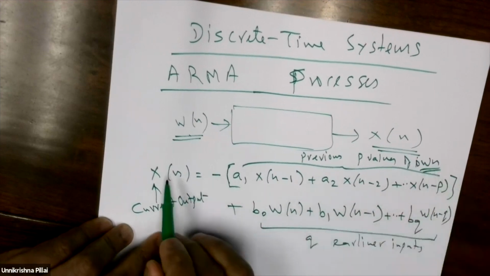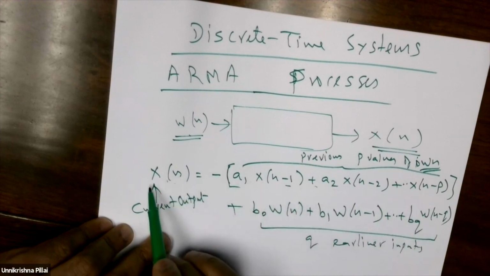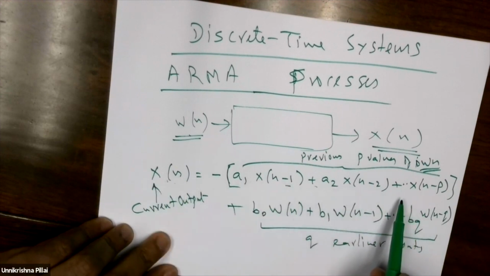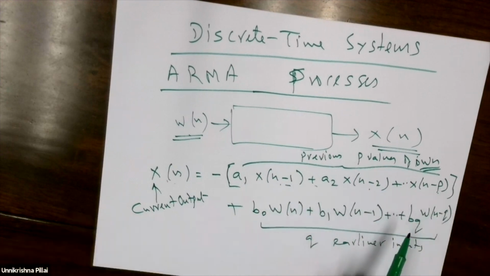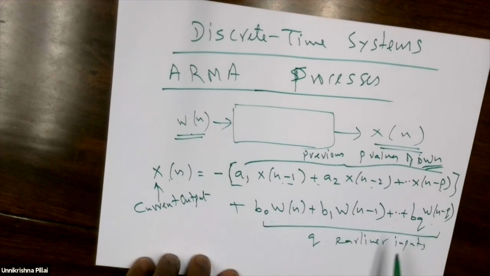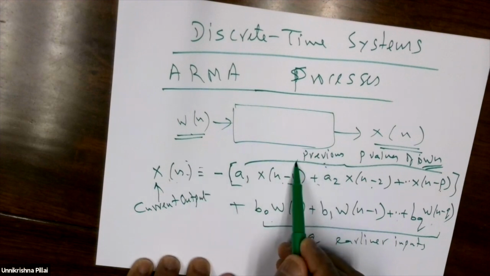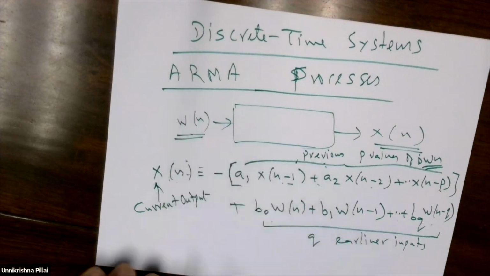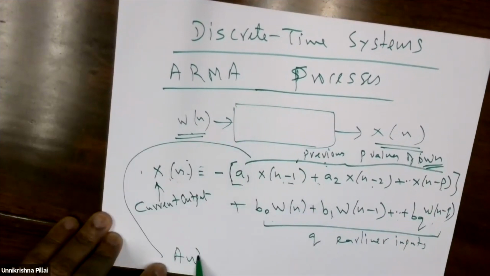This is like a regression, because the current value depends on yesterday's value, the day before yesterday's value, up to p days back, and it also depends on the input values and its previous values. So this is called regressing on itself, and that's why this part is called auto regression.